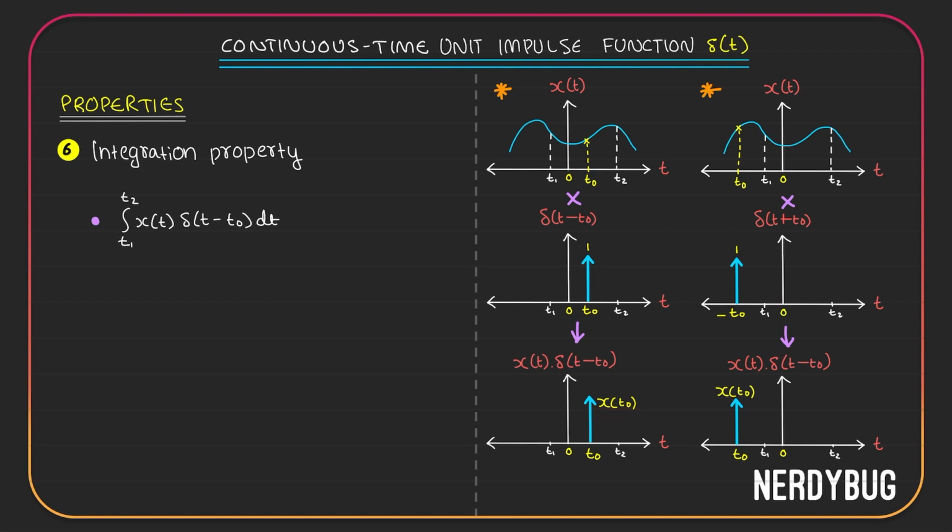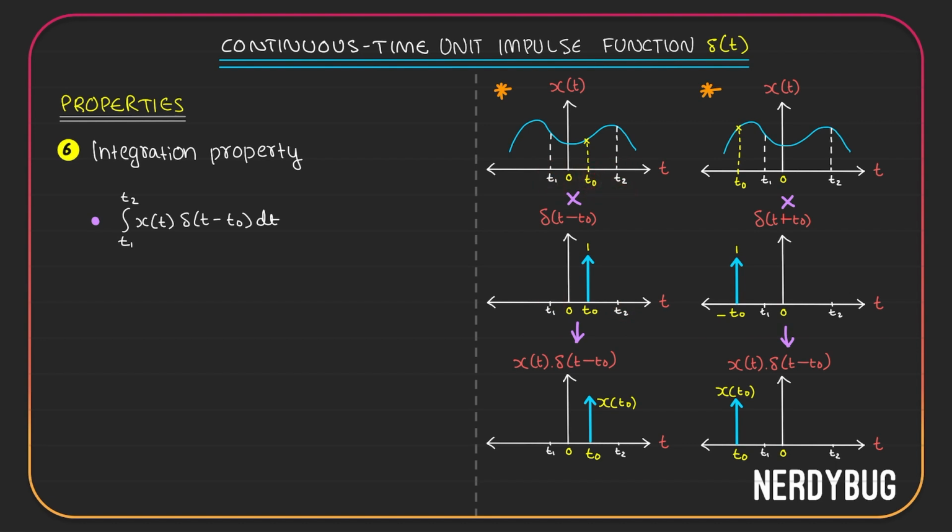For the second example, I have again taken the same x of t and a time shifted impulse delta of t plus t naught. So the impulse is at minus t naught now. Multiplying, obviously we'll get the value at minus t naught, and the magnitude will be x of minus t naught. You can also see that I have marked t1 and t2 in all these graphs. In the first case, t naught is between t1 and t2.